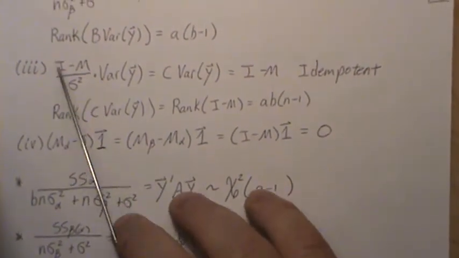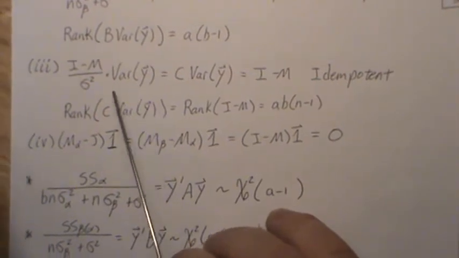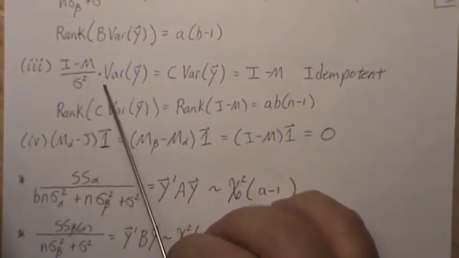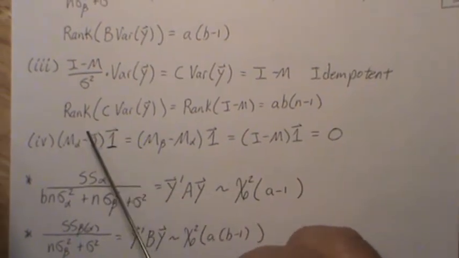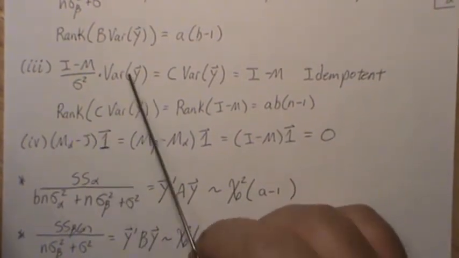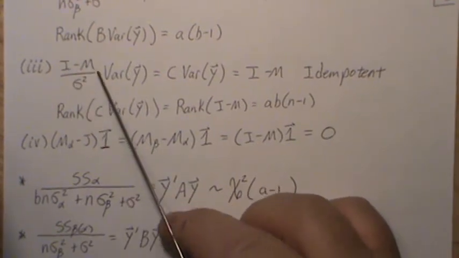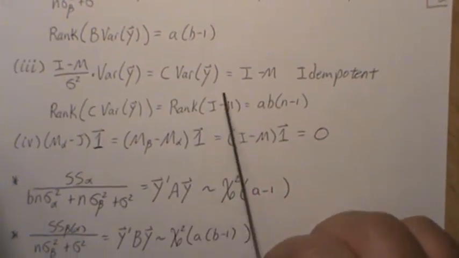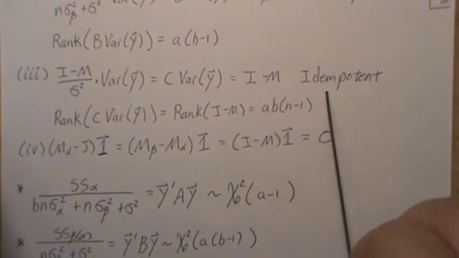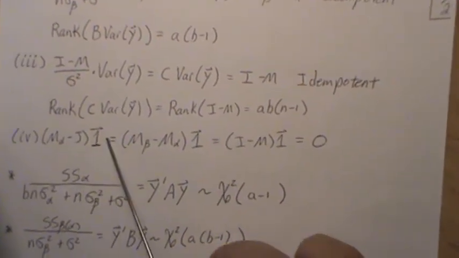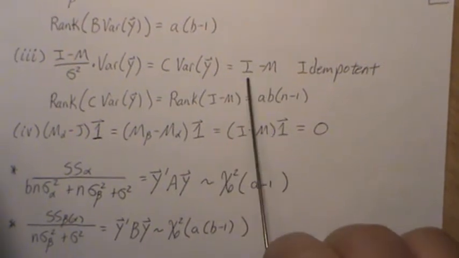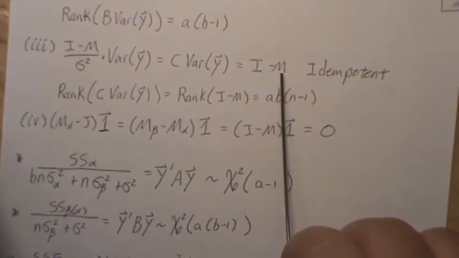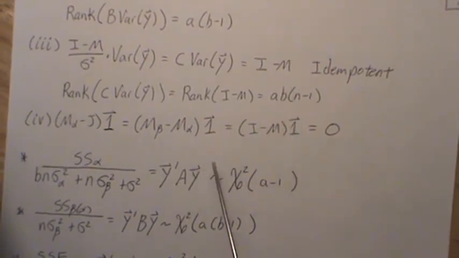This here, so I minus m times the variance of y divided by sigma squared, ended up being sigma squared times I minus m. The sigma squares cancel, and we're left with I minus m, which is idempotent. And the rank of this is ABN minus AB, which is this.